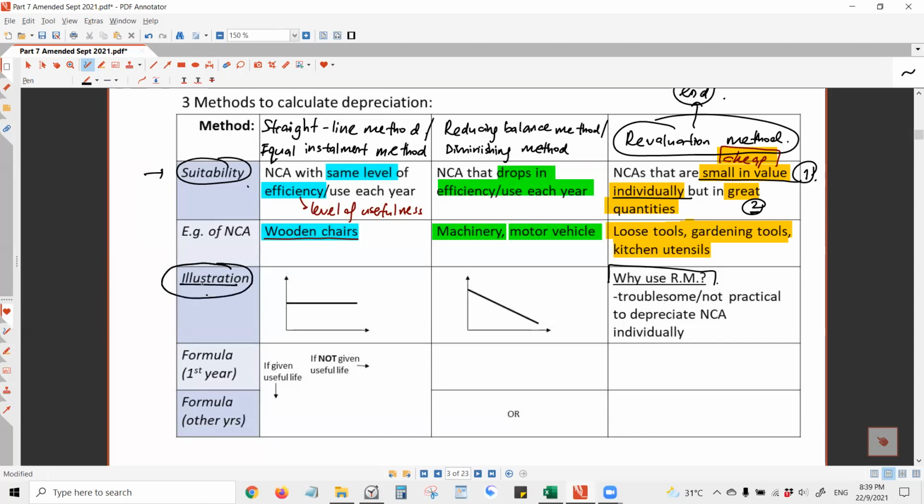Next row, you see two graphs here. Here you write years. Then for the y-axis, you write depreciation.